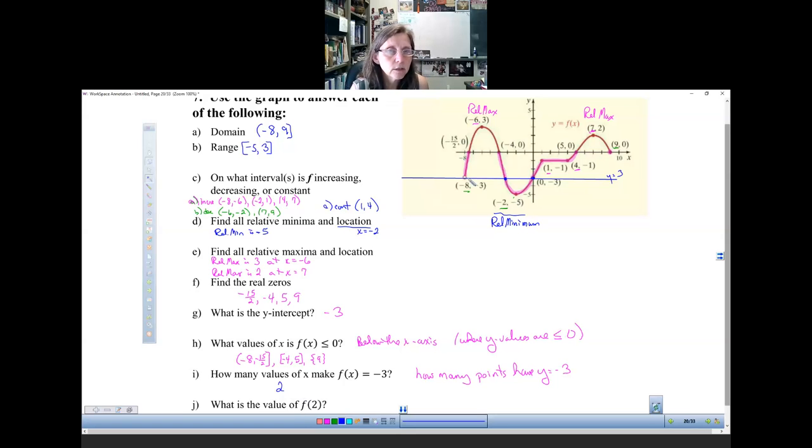Why don't I include this point? Because it has a negative 3 y value. Why don't I include it? Or maybe should I include it? Should there be 3 places that have a y value of negative 3?